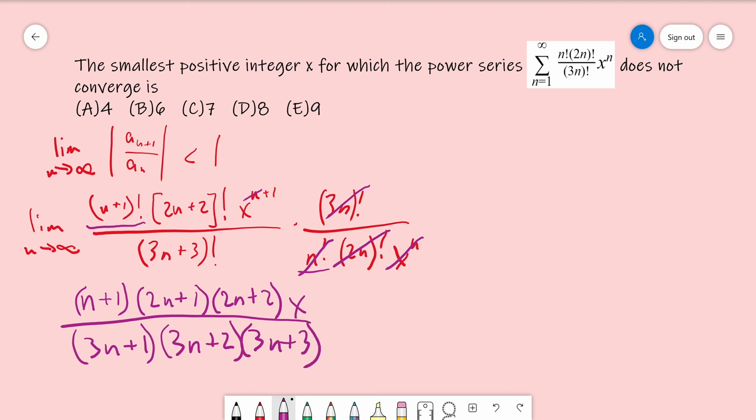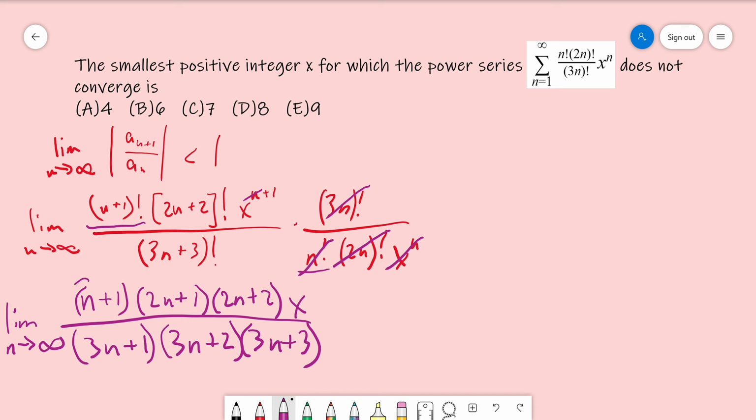Okay, now we have a polynomial divided by a polynomial, so when we take the limit as n goes to infinity, we just have to look at the leading terms, and their coefficients are going to tell us what the limit is.